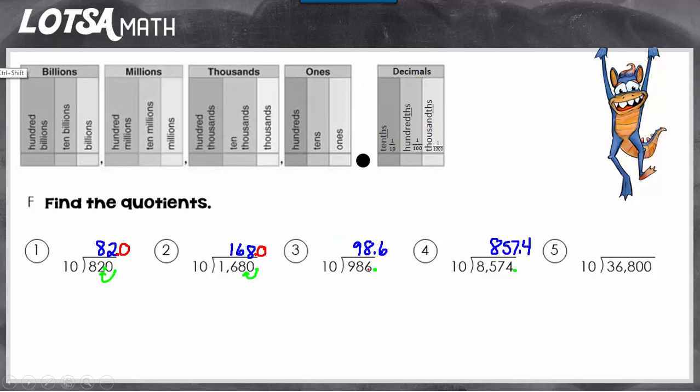Here we have 986, and our decimal would be there. If we move our decimal over one place to the left, it's the same thing as moving all the digits one place to the right. And if we have 98.6, it's the same thing that we got the first way. And same thing here, if you move this decimal one place to the left, it's the same thing as moving all the digits one place to the right. And we end up with 857.4, which is the same thing we got with the first strategy.